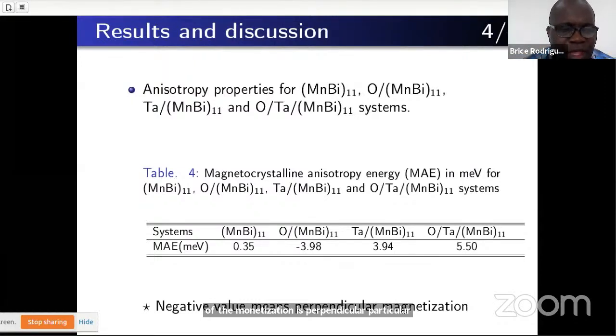But when we obtain a positive value, the magnetization is oriented in the plane.